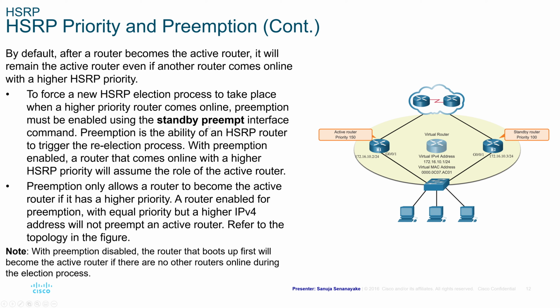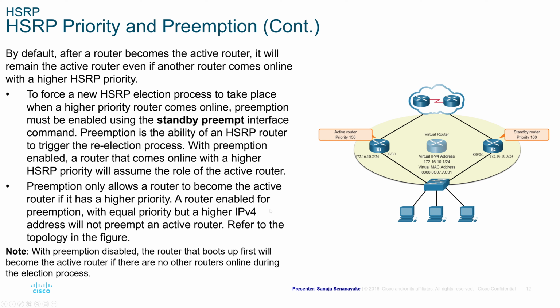So if you have standby preempt configured on this HSRP system, whichever router has the highest priority will take over that virtual interface, because this standby preempt command will trigger the re-election process every single time a router with a higher priority joins this group of routers. Preemption only allows a router to become the active router if it has a higher priority.